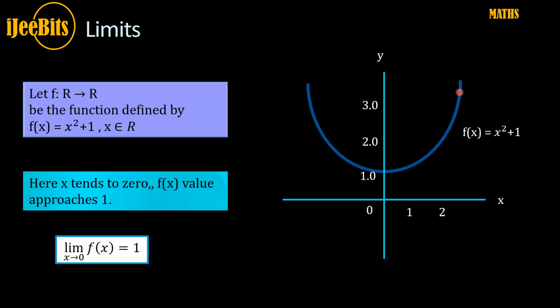Even if you look at the right hand side, if x tends to 0, your f of x approaches 1. So from the left hand side and the right hand side, both give an equal value when x tends to 0, right? So the limit as x tends to 0 of f of x would be 1.